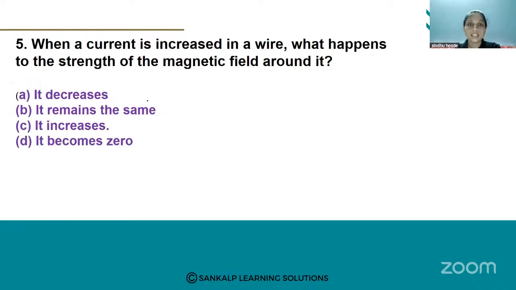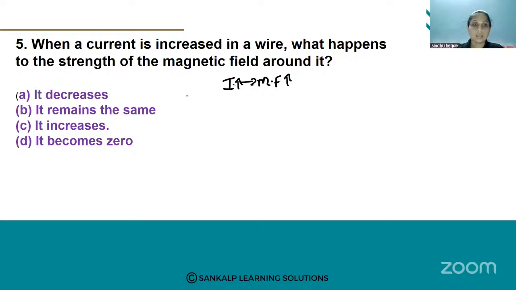Next, fifth one. When a current is increased in a wire, what happens to the strength of the magnetic field around it? Here they ask a question related to current and magnetic field strength. We know that if the conductor is in any shape, when the current is increased in the circuit, the magnetic field is also increased. Current increases, so the magnetic field also increases in the circuit.